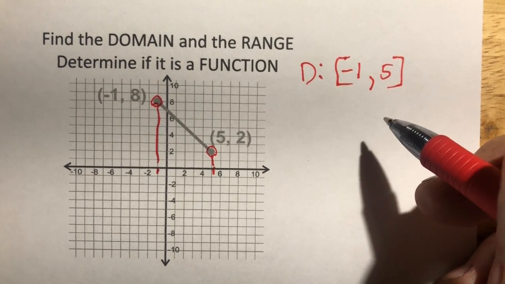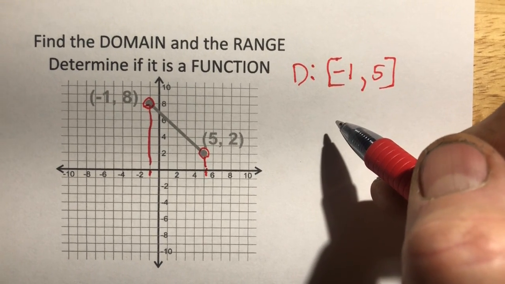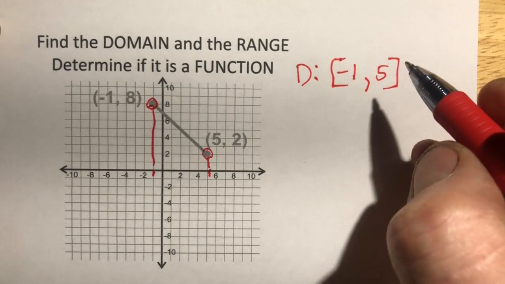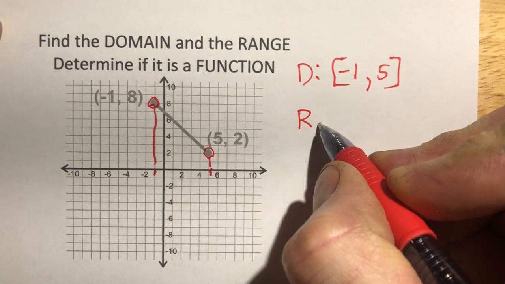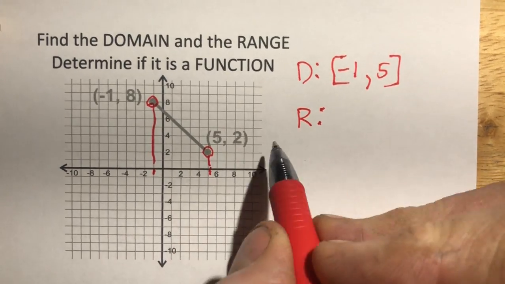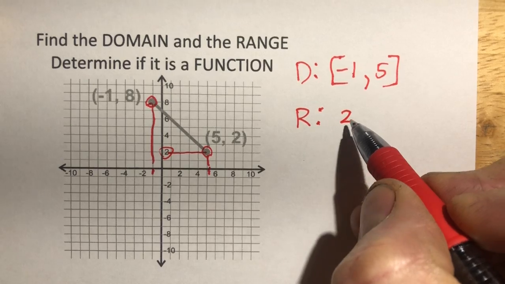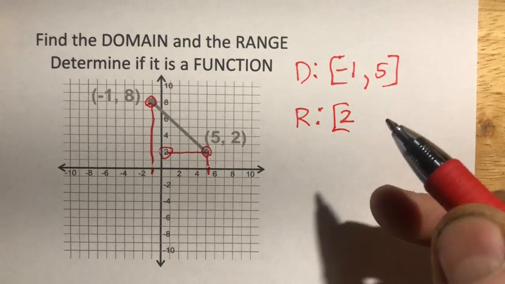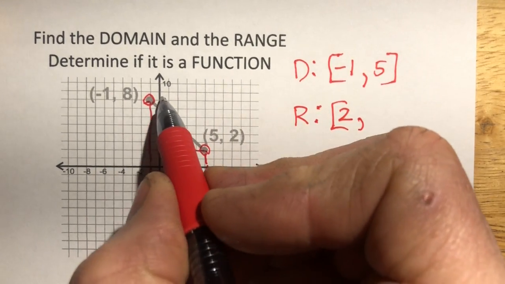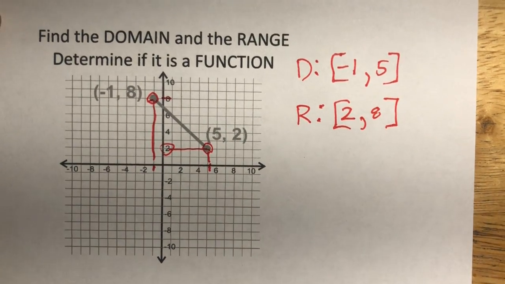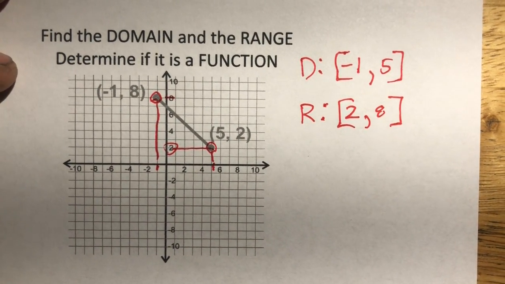What brackets mean is those endpoints are included. If they're not colored in, they're not included, which means I would put a parentheses. My range is up and down. What's the lowest it goes? Right here, the lowest is 2. And it's included, so I put the bracket. The highest it goes is up here at 8. And it's included, so I put a bracket as well. So there's my domain and my range.